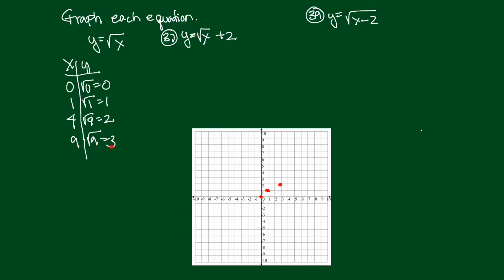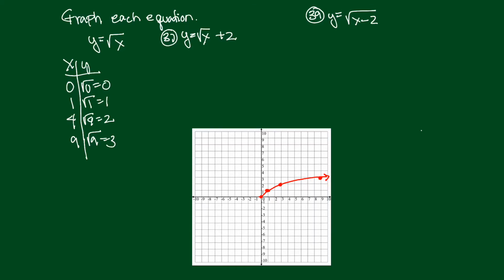Move to the right 9, up 3. There we go. And there's nothing down here, right? Because we'd have to have some number where you take the square root and you get a negative. That's not going to happen. So let's draw a curve here. So this curve looks like this, right? And that is the basic square root curve, y equals square root of x.